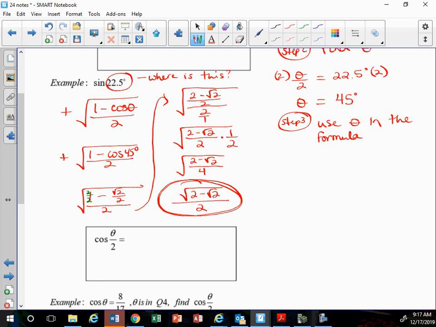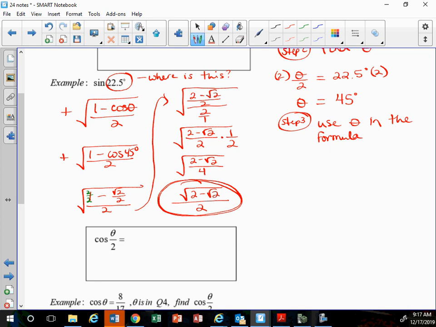A little ugly, I know. Step 1, you have to pick, is it positive or is it negative? Are we okay with all of that simplifying throughout? It's tedious, I know, but it's not that bad.